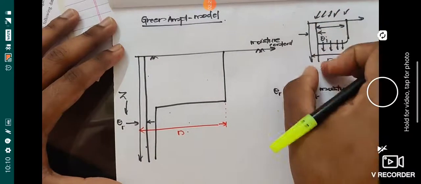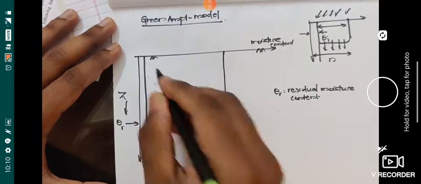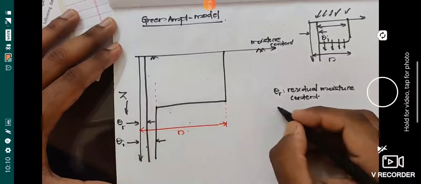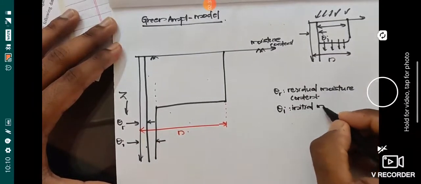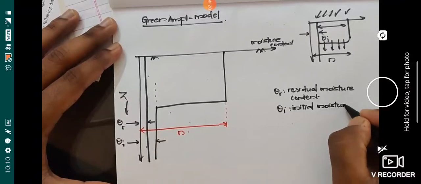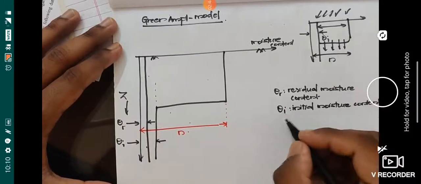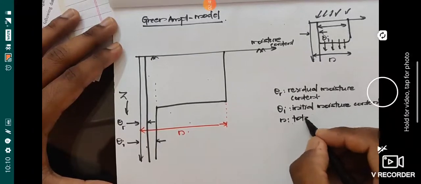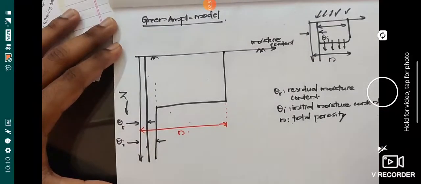Initially, before the rain, it had an initial moisture content, theta I. Theta I is the initial moisture content, and n is the maximum or total porosity, the porosity of that soil.